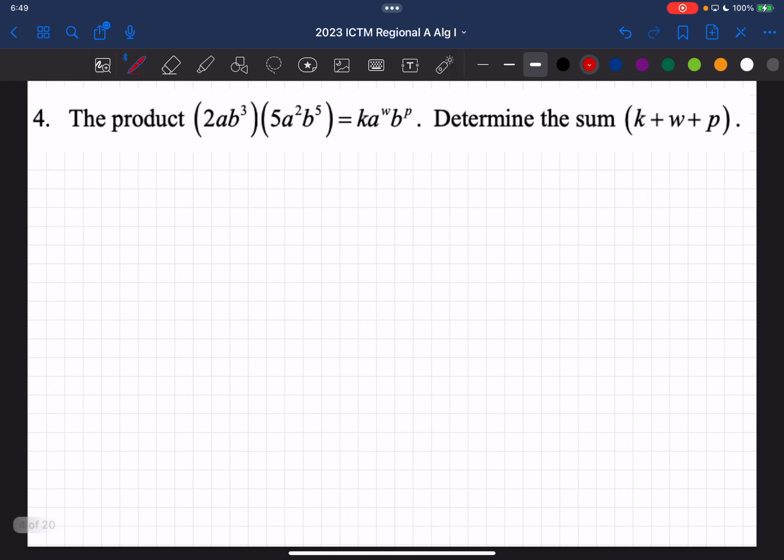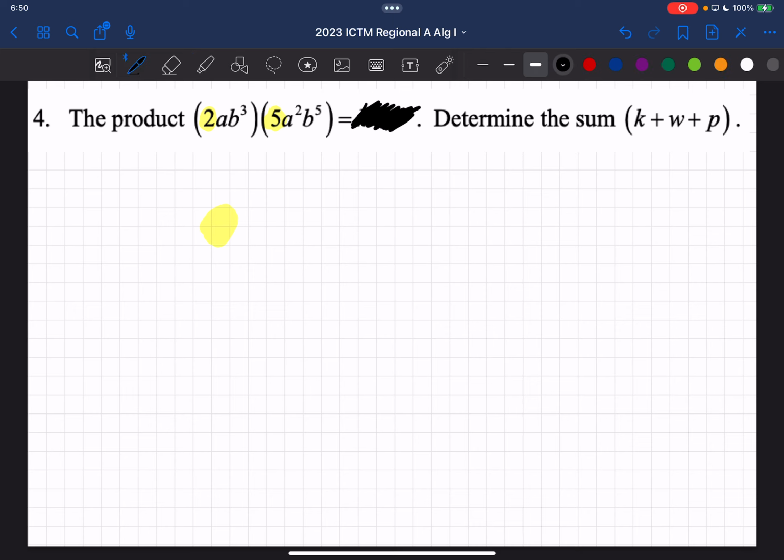All right. Number 4. Here, this product is equal to K a to the W, b to the P. Now, all these letters tend to mess people up. So what I suggest you do is just forget this for the moment. We'll come back to it. What we'll do instead is figure out this product. So we have 2 and we have 5.